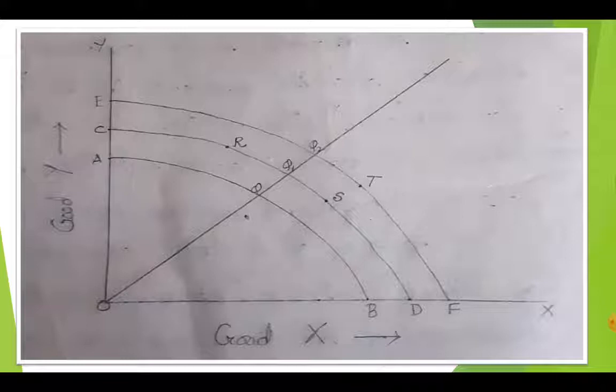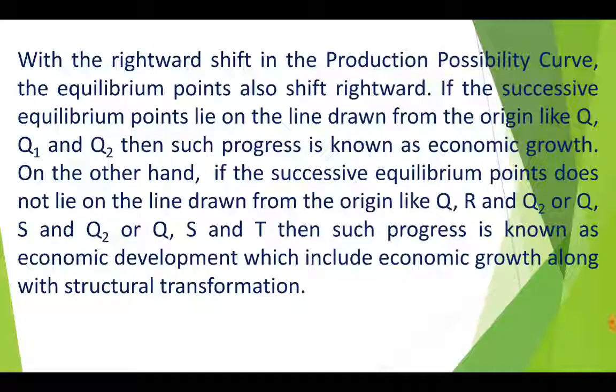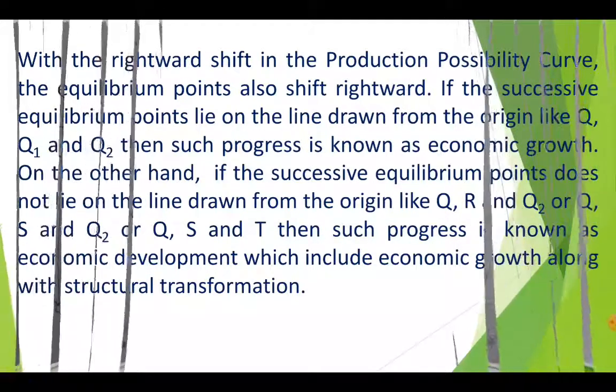On the other hand, if the successive equilibrium points do not lie on the line drawn from the origin, like Q, and from Q it moves to R and then again moves to Q2, then this progress will be known as economic development. Or we can say if the equilibrium points move from Q to S and then to T, then also it will be known as economic development, which will include economic growth along with structural transformation. I have given the explanation for the diagram in this slide.